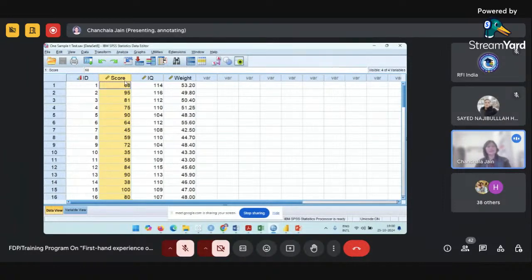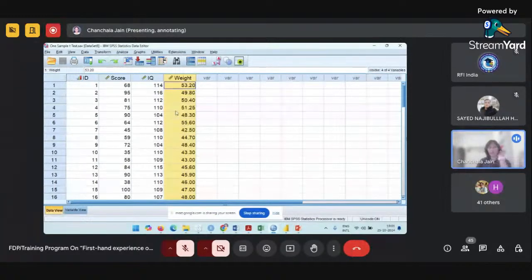Firstly, you can find these are the IDs of the students. Then the score, whatever score they have attained in any particular subject, is listed here. This is their IQ level, and these are the weights, right? So all the three variables you can see listed here are continuous, numeric variables. I hope it is clear.